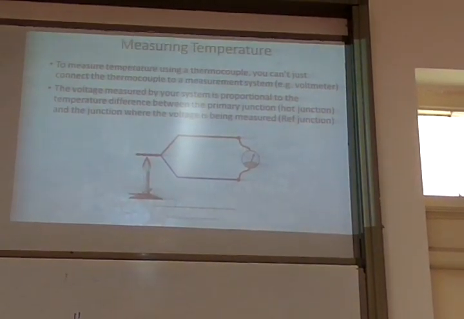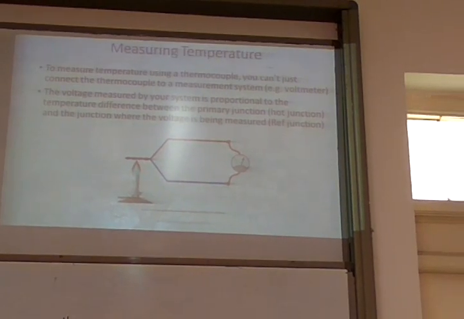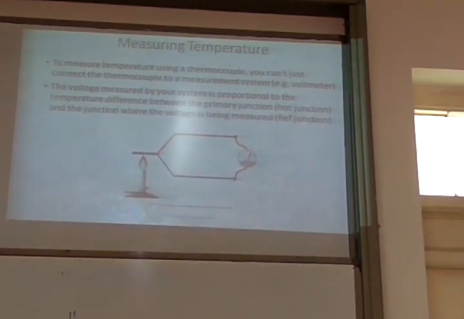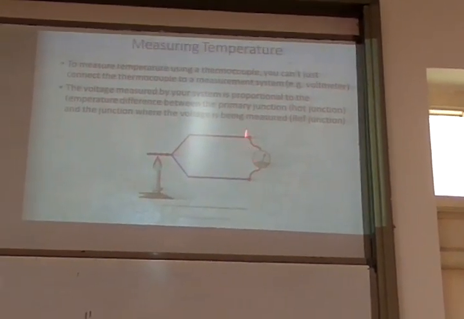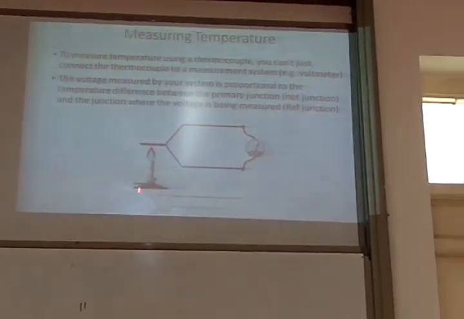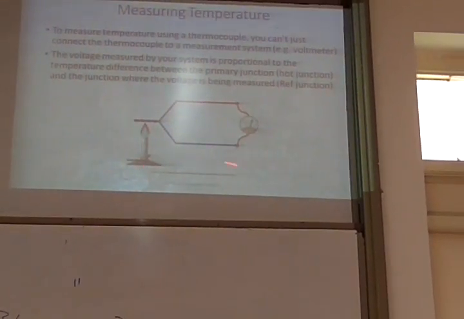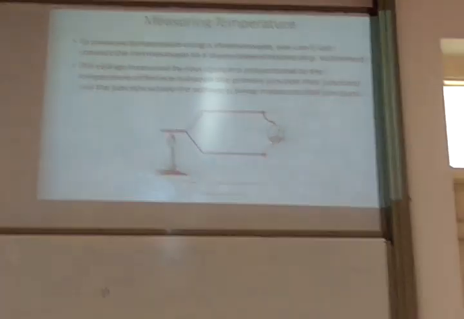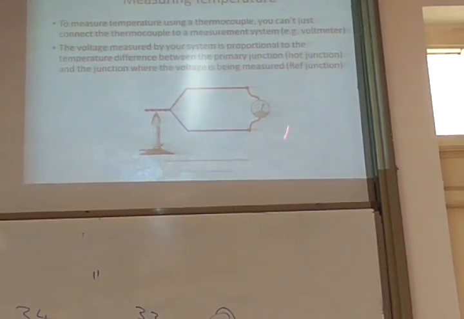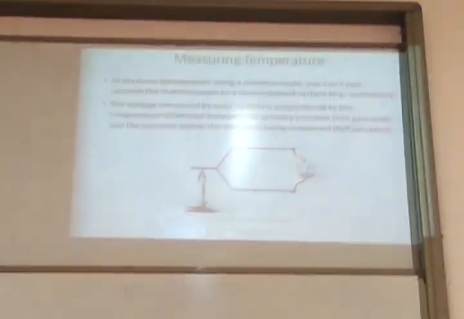Because the voltage developed is always proportional to delta T. Delta T means you should know the temperature here and the temperature here. Proportional to that delta T, there is a thermoelectric EMF and thermoelectric current generated in the circuit.